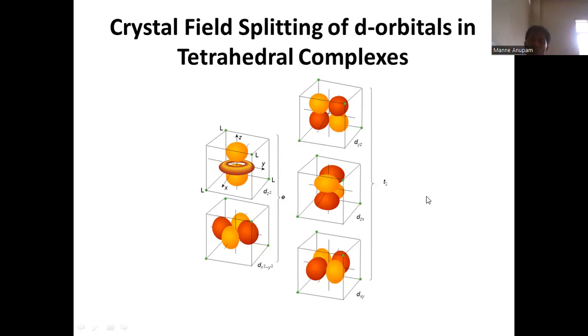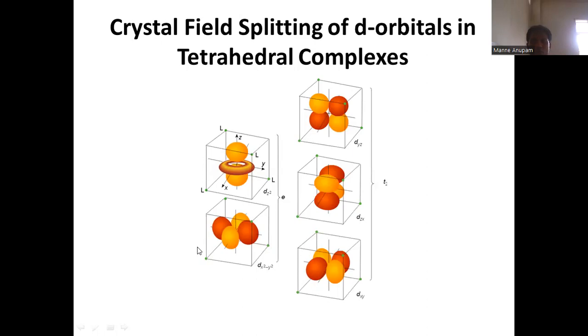In the case of octahedral complexes, T2G orbitals are reducing in energy and EG orbitals are increasing in energy. Why? It's a very important thing.